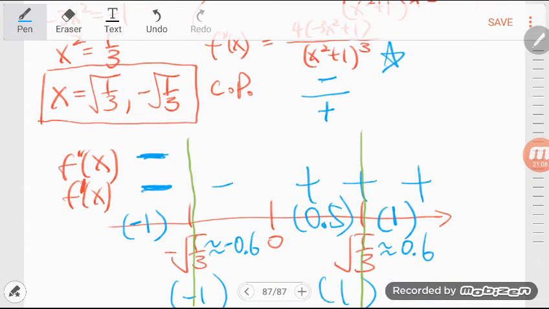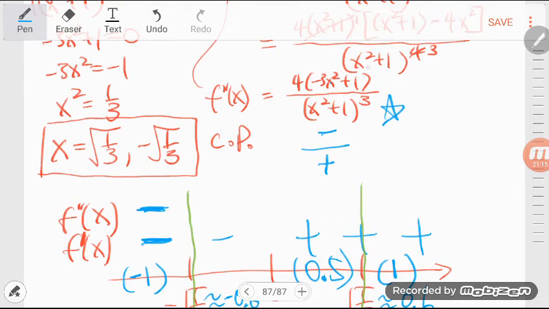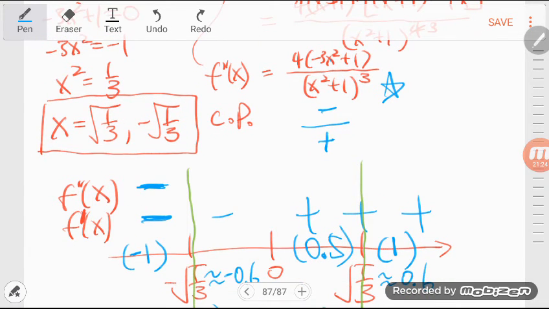And I'm going to test with 0 for my second region here. If I have 0, then I have positive, because 0 plus 1 is positive, times the 4 is also going to be positive. So I have positive over positive, so this will be positive.